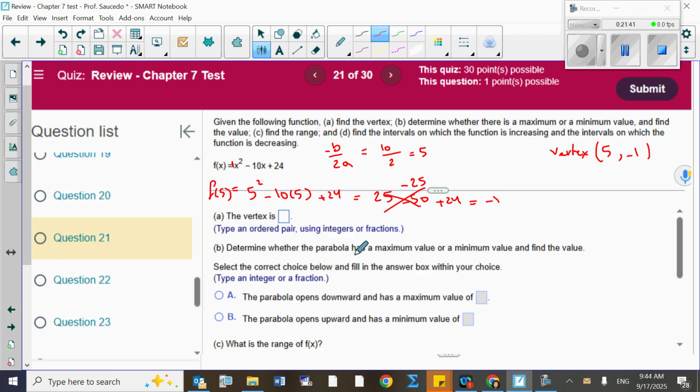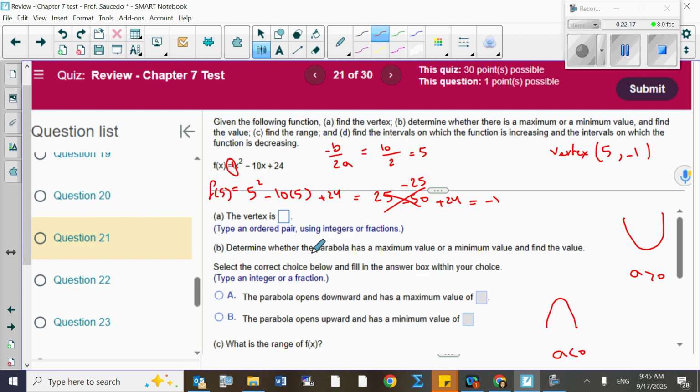Now, determine whether the parabola has a maximum value or minimum value and find the value. So we want to find the max or minimum value. Well, first of all, the parabola is going to be upward. How do I know that? By looking at the a value. The coefficient of x squared is 1. If the coefficient of x squared, or a, is greater than 0, your parabola is upward. If a is less than 0, your parabola is downward.